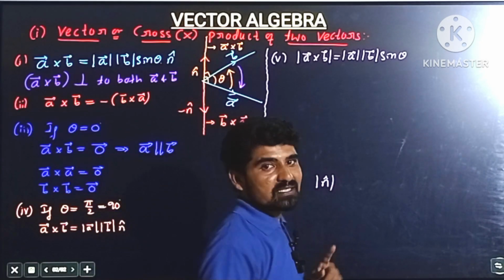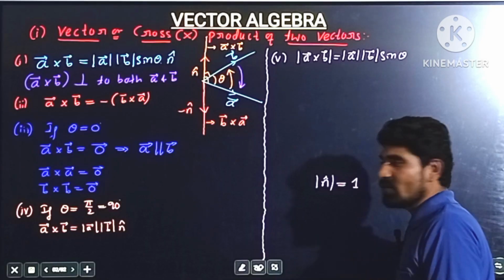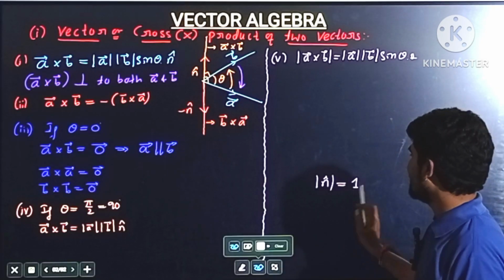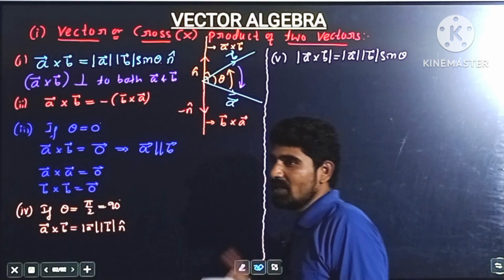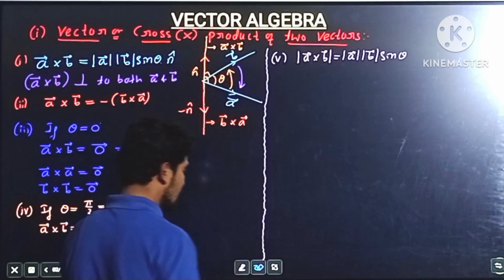And we know that n cap is a unit vector, so its magnitude is equal to 1. Therefore, magnitude of a vector cross b vector is equal to magnitude of a vector into magnitude of b vector into sine theta. I hope all of you are understanding.